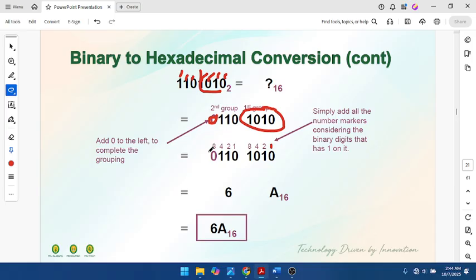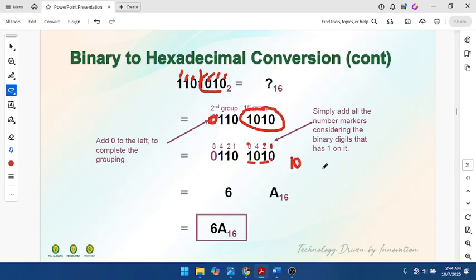So, what's the rule in binaries? If the digit is zero, the value of the marker on the upper side of our number, i-ignore po siya. So, just look only for the number ones, no? For example, dito there are ones only in the first and the third digits. So, 8 plus 4, we have 12. Okay?